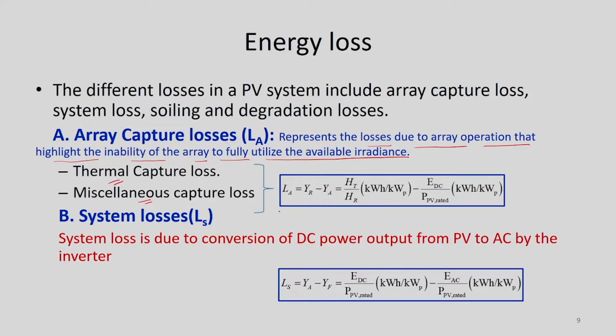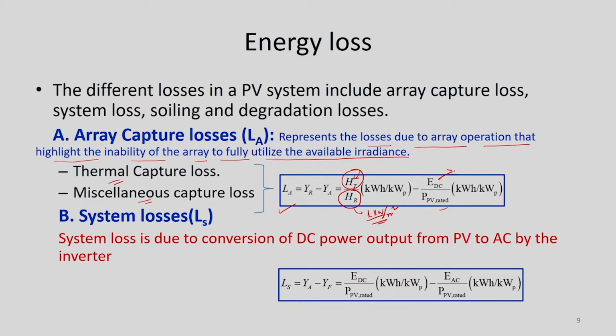Mathematically this can be represented by L_A equals H_T by H_R minus E_DC to PV rated. So, this H_T is nothing but the total in-plane irradiation or global in-plane irradiation of the location, and this is the reference. Reference is normally 1 kilowatt per meter square.